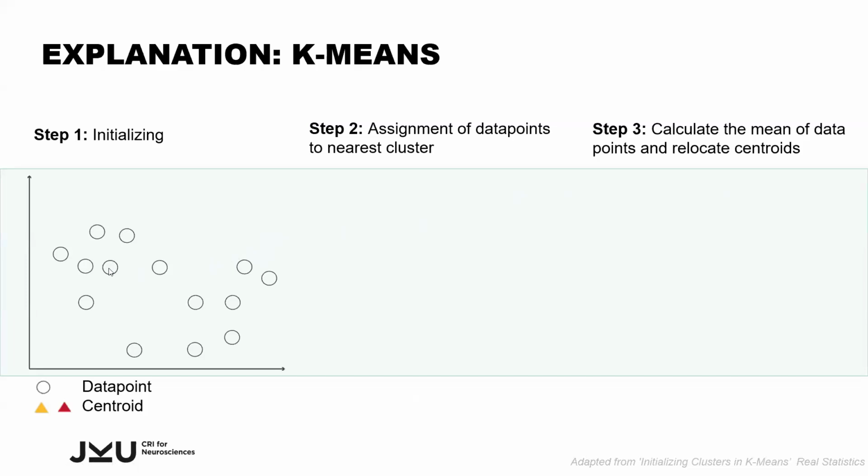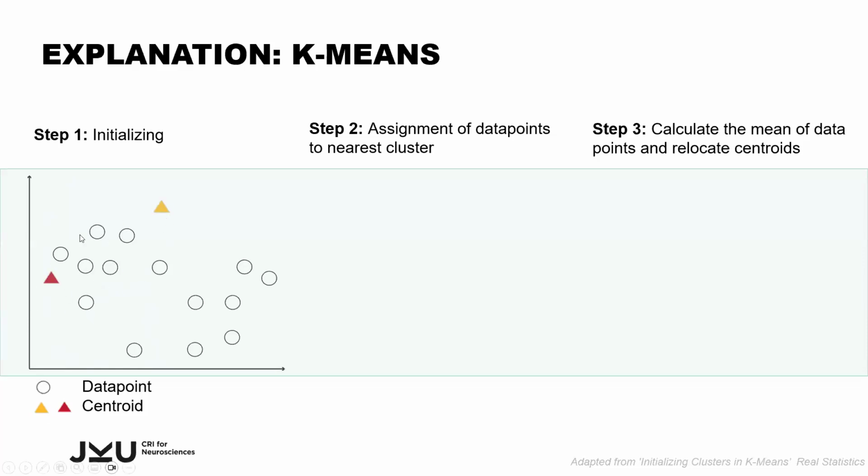This method works as follows. Let's say you start with this data set in this two-dimensional space. In the first step, you initialize your clustering, which means you decide how many clusters you would like to have. This is shown in here.